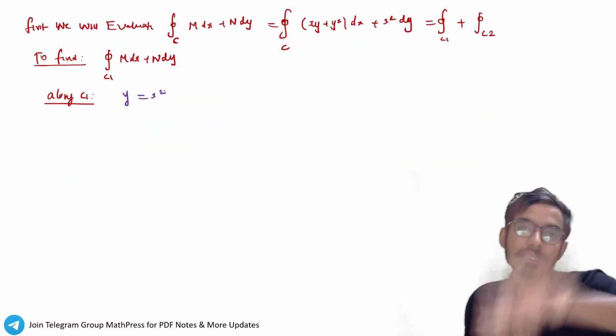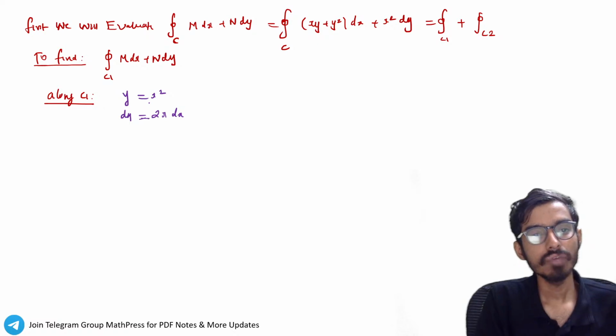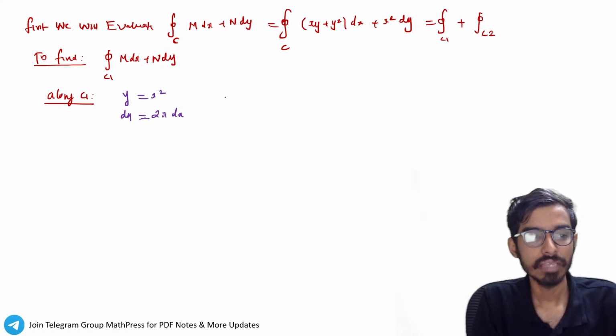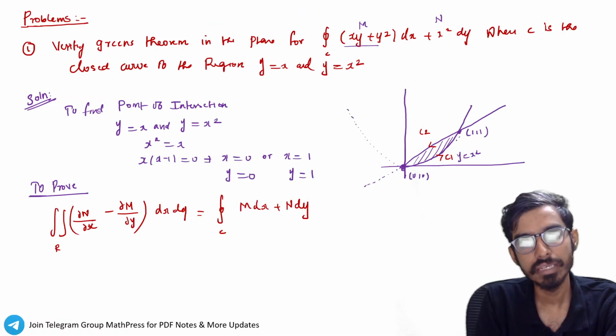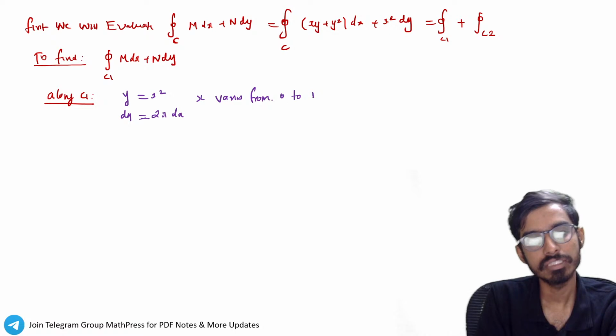We will convert everything in terms of x. That means dy is equal to 2x dx, right? So we are converting everything in terms of x. That means we need to vary x. For C1, you can see x varies from 0 to 1.